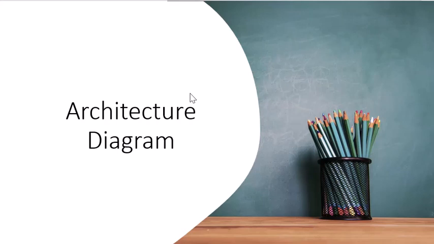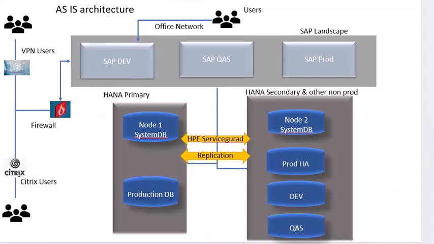Now the customer is looking for a DR implementation. So if you want to give a proposal for a project like this, how do you do that? The very first screen talks about the as-is architecture.